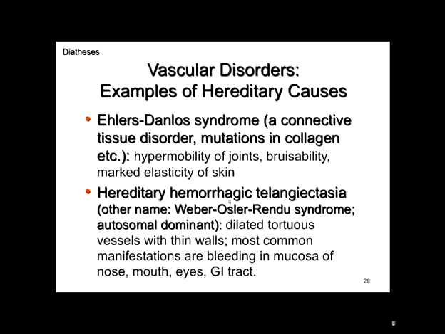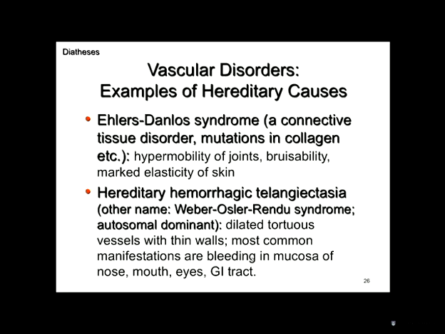So hereditary hemorrhagic telangiectasia, which is dilated tortuous vessels, and they always present in the skin and the oral cavity. I've seen a number of different cases, and they all look alike with some variability. Some have more, some have fewer, some have more extensive lesions.